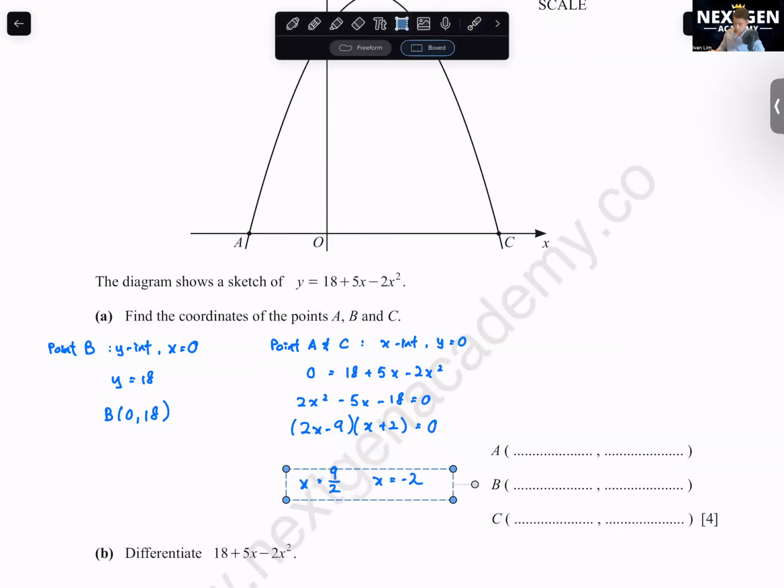For those who do not know how to reverse, I will show you step by step. This is what the calculator shows you. If you get a decimal, change it to an improper fraction first. Multiply the denominator, then bring over the other value like that. And this one is just x plus 2 equals 0.